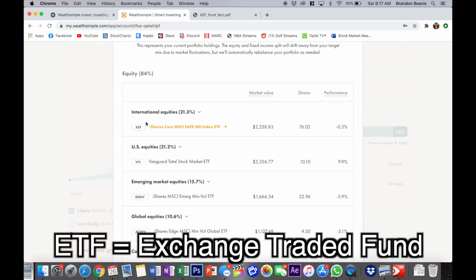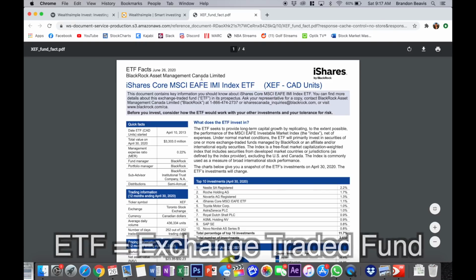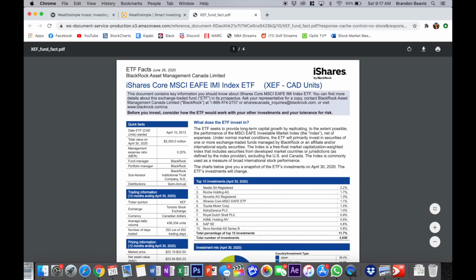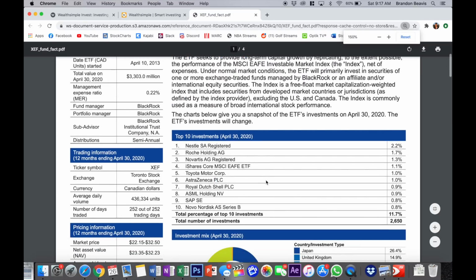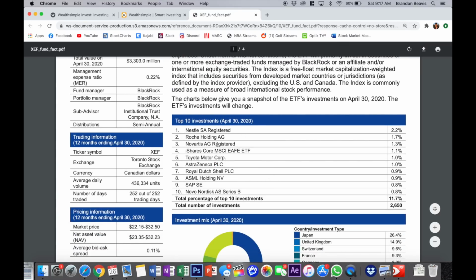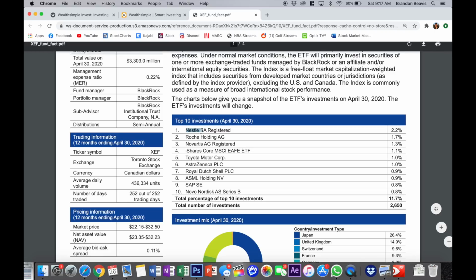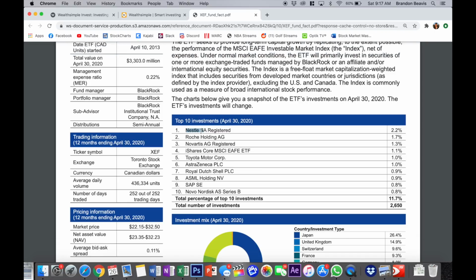And to actually highlight this one in particular, so XEF, again, I know it does look a little bit confusing here, but if you hone in on the top 10 investments within this ETF, this basket contains Nestle. So the company that makes, they make all sorts of things, Nesquik, and it's jumping my mind what Nestle makes right now, but they make a ton of things.